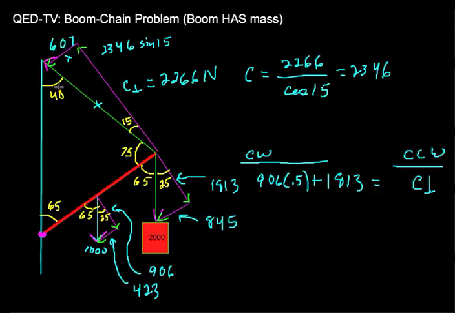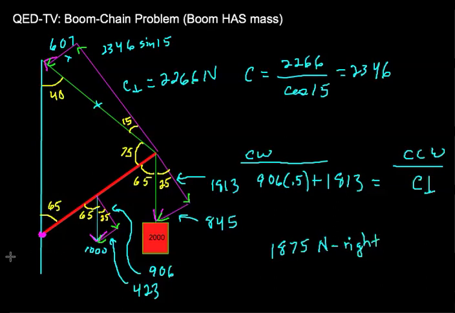So we have a total of 3 forces right here, 845, 607, and 423, and those are all to the left. If I add those all up, I get 1875 newtons, which means I'm going to need 1875 newtons to the right to balance that out.